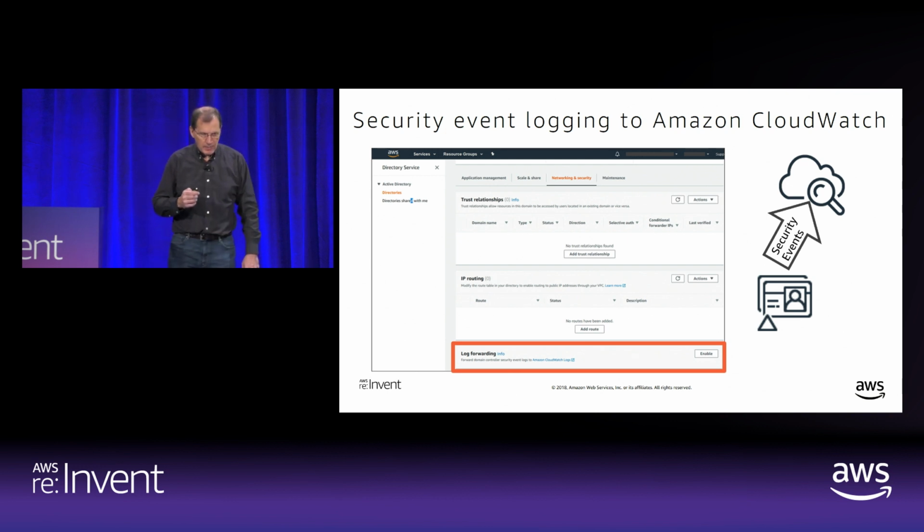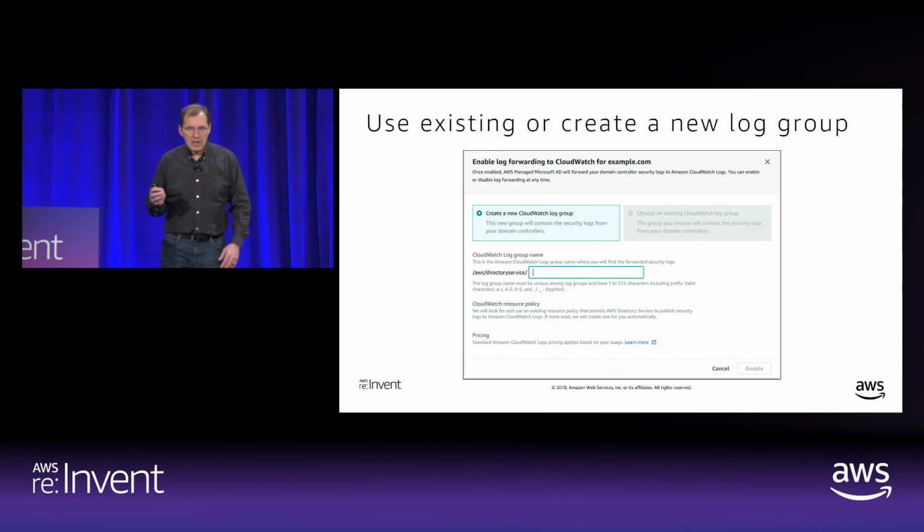and you can set up log forwarding. We tried to make this as easy as we could possibly make this. So if we see that you already have a CloudWatch log group, then we will default to using that group. If you don't have one, then it defaults to create a new CloudWatch log group, in which case you type in the log group name.